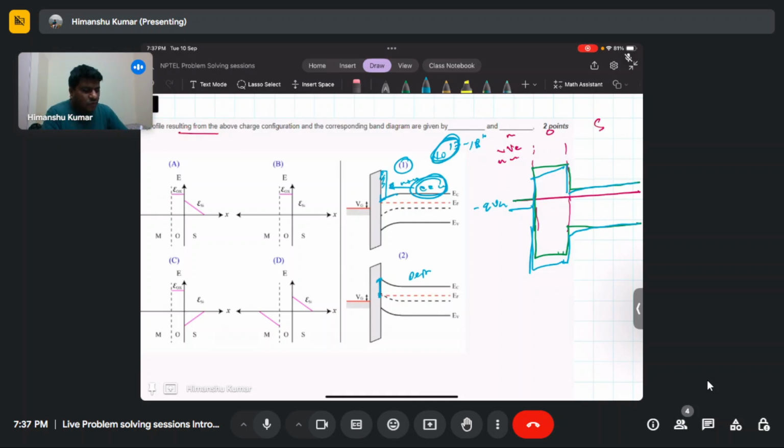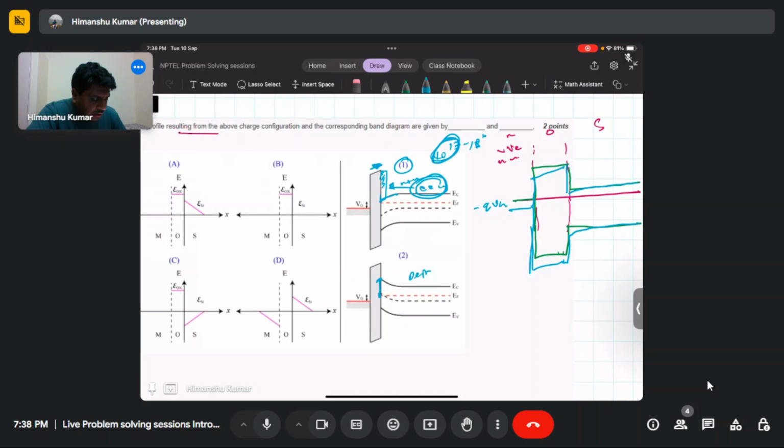So you need a very small depletion width in the semiconductor, and we can assume that all the field appears across the oxide region only. There will be no field across the semiconductor region because we have very shallow depletion which provides the adequate number of charges.